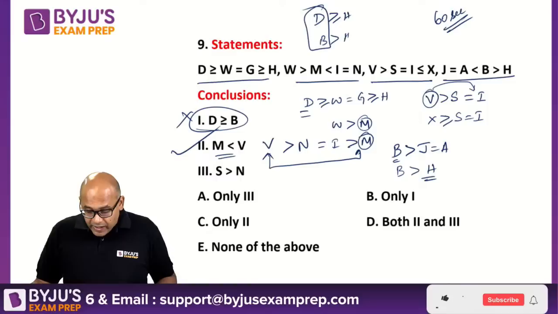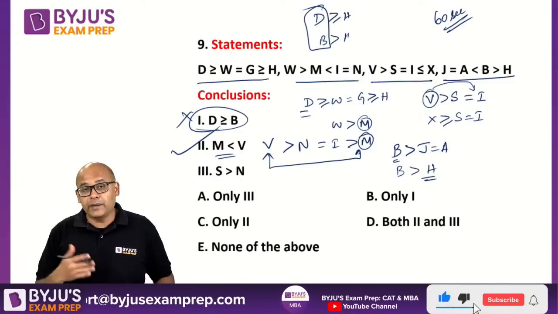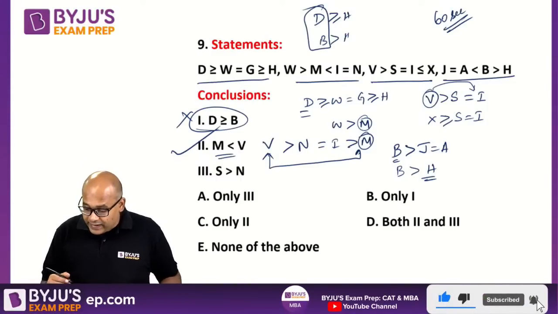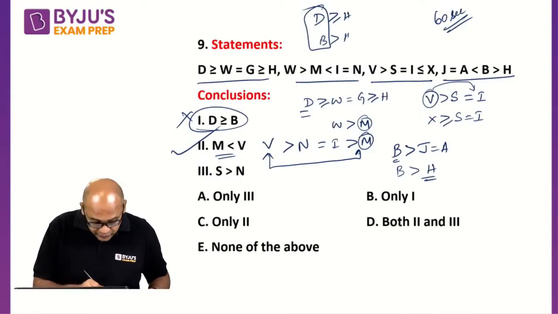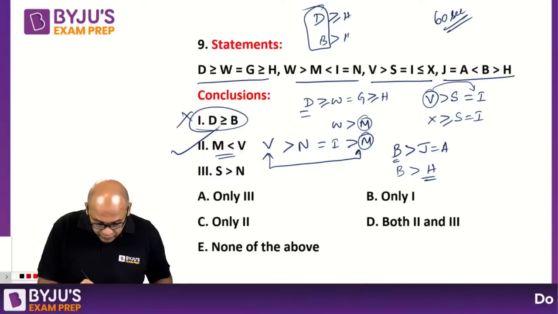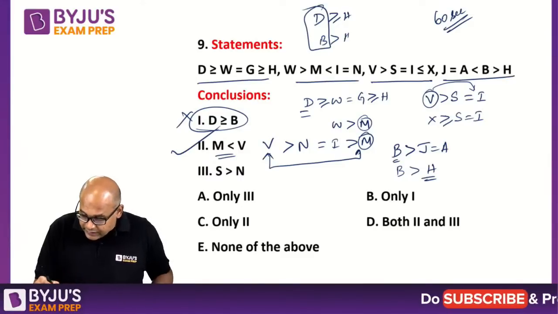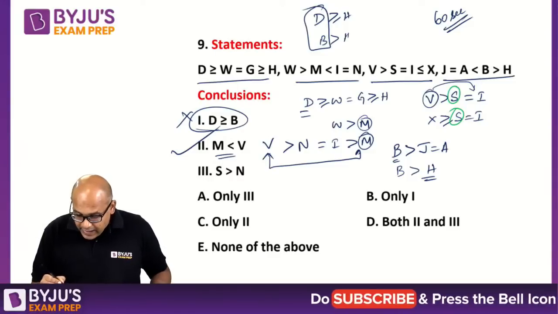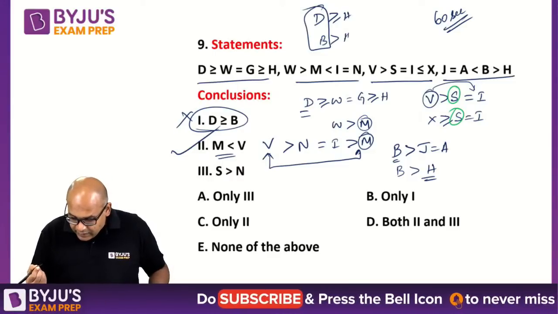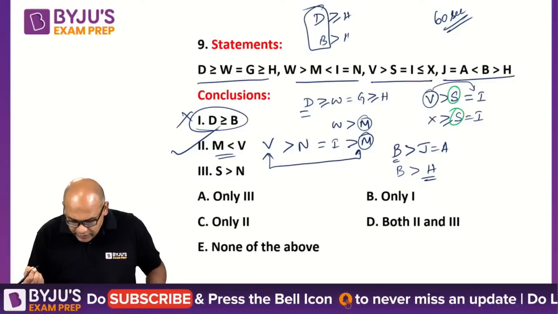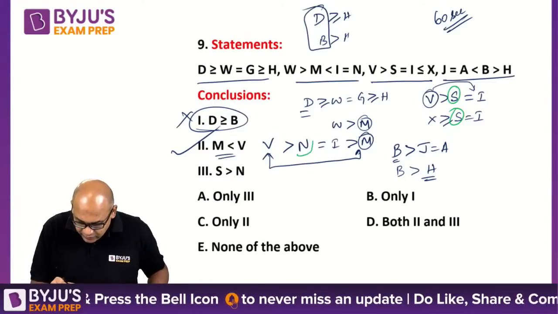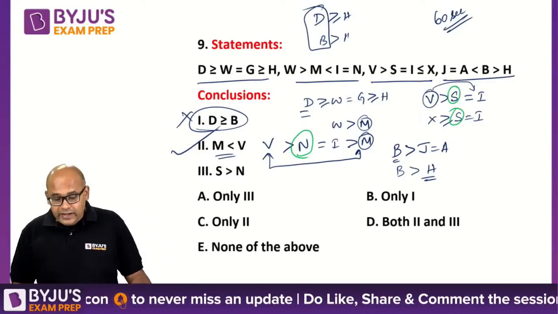Then what do you have? Statement 3 is S and N. Where is S? S is over here. So if you can just change the color so that you guys can follow. Yes, S is over here. And N, where is N? Yes, N is over here. Okay, so what is the connection here?